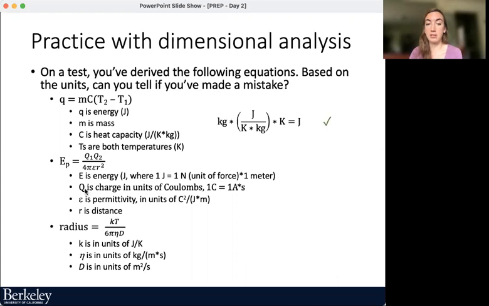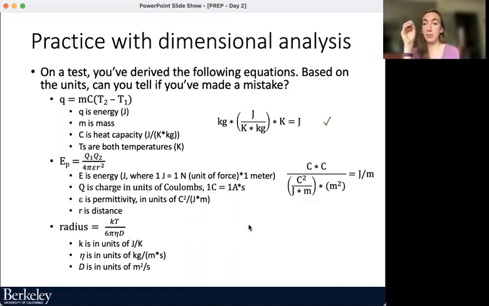So Q is charge, in units of coulombs. This little e, which again, you don't need to worry about what it means physically right now, you just need its units, and I've given them to you. And then R is distance. And there was a question in the chat: because R is squared, the units are also going to be squared. So we're going to take all those units on the right-hand side.